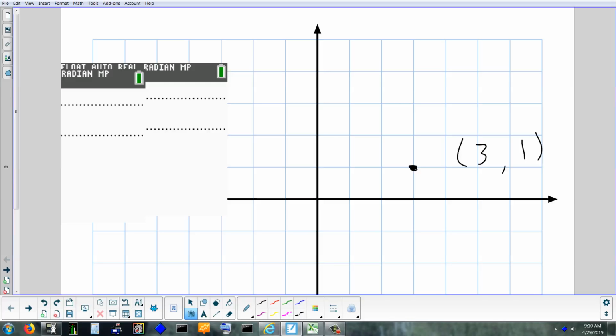Like I just did before in polar, I came up with different coordinates to get to the same point. You can't. In rectangular, you can't do that. So that's a huge difference between polar and rectangular. In rectangular, there's only one way to get to each point. In polar, there's multiple ways to get to each point.